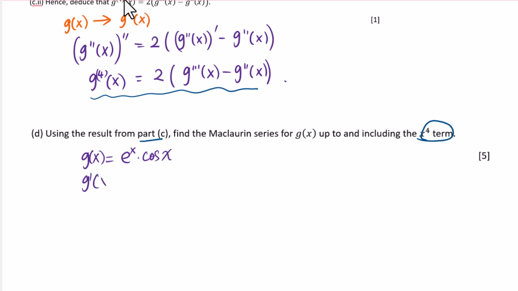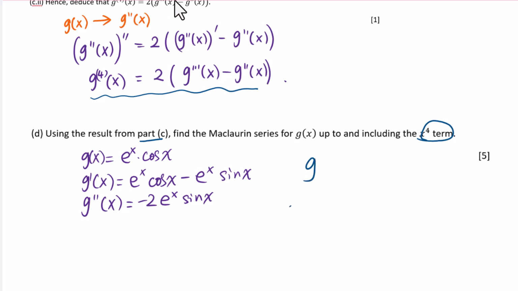G prime of x equals e to the x power cosine x minus e to the x power sine x. G double prime of x equals negative 2 e to the x power sine x.